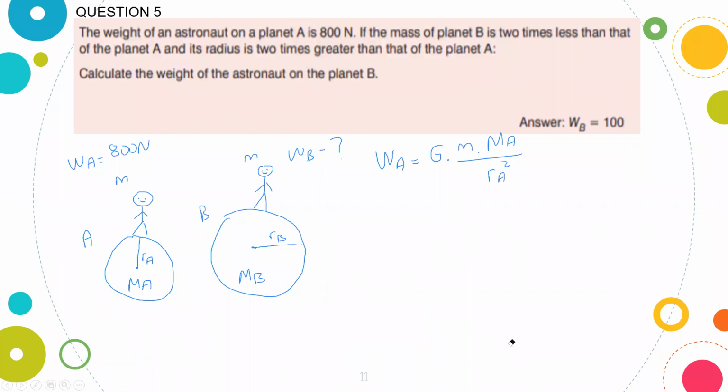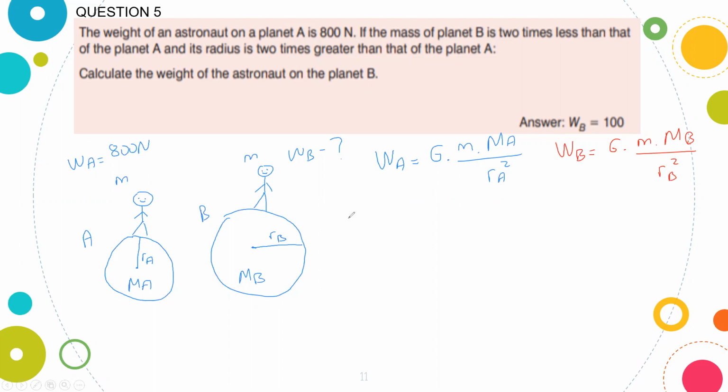Let's change our color. Let's continue with B now. WB equals G times, it looks like 6, but it is G, people, M times MB over RB squared. That's it.